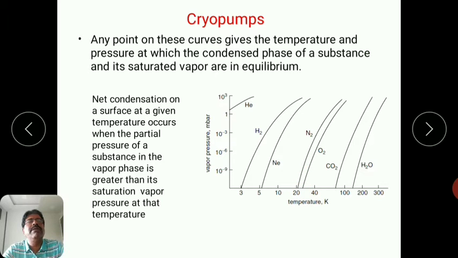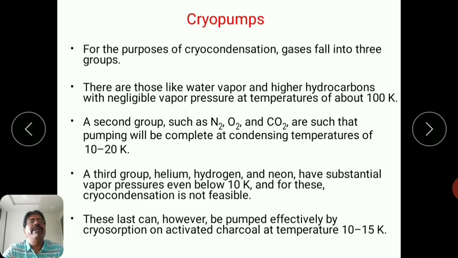If that condition is satisfied, there will be sufficient condensation of the gas species. That means they will be captured and your pumping process will be effectively taking place.